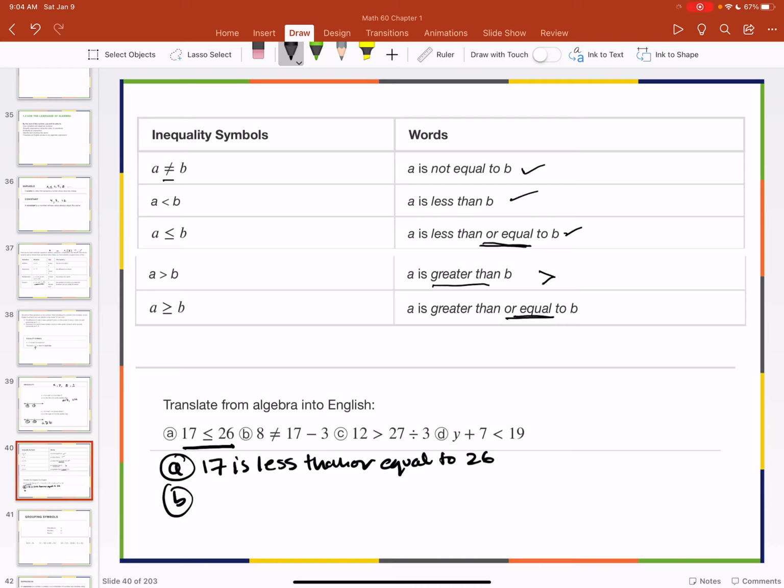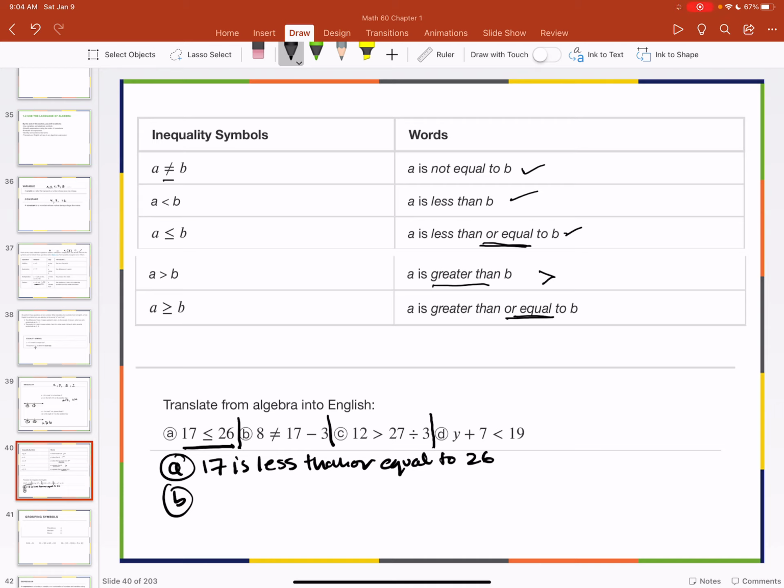And then for B, this is another problem. Wait, 17 minus 3. Oh, no, sorry. Here, let me erase this. I'm sorry. Because they're close together, I want to make sure that you can see the difference.